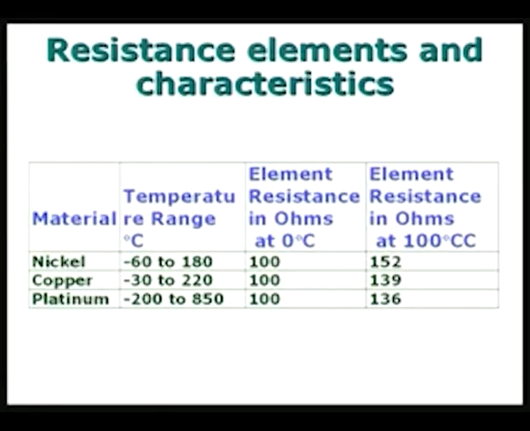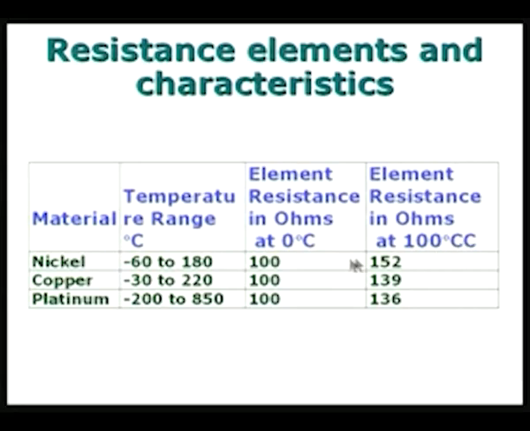I have indicated 3 of them: nickel, then copper and platinum. Of course, platinum is the most common, others are not that common, but they are also useful and used. So, we have 3 different materials: nickel, the temperature range in which it can be used is -60 to 180 degrees Celsius, and the characteristic is given by specifying the resistance of the element at 0 degrees Celsius and 100 degrees Celsius.